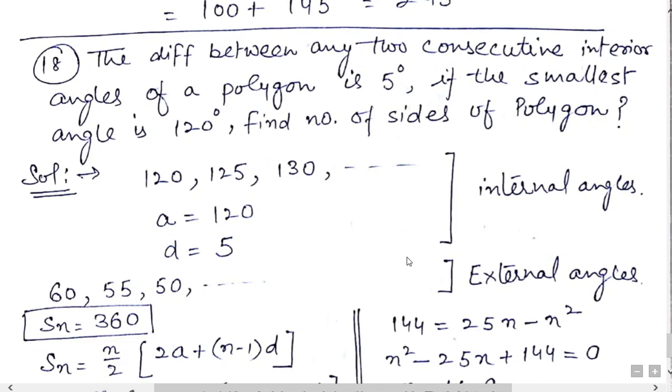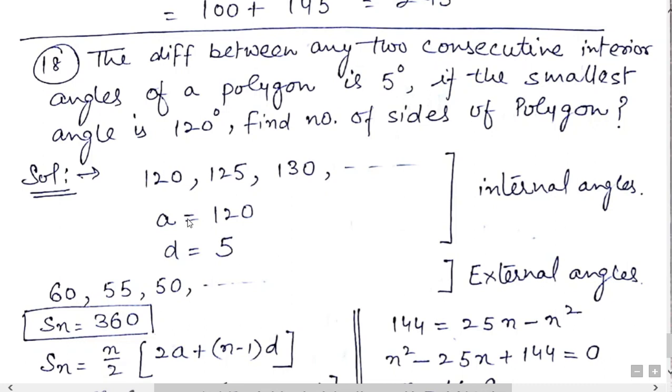If I have to write the external angles, then the first angle will be 60 because the sum of internal and external angle is 180. The second angle is 55 and the third angle is 50, like this. Now what is the need of doing such an exercise? Because we know that the sum of all external angles of a polygon is 360 degrees.